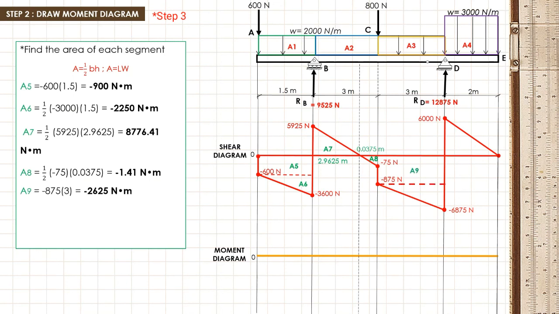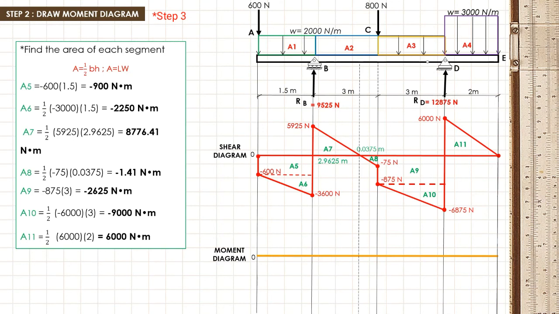For A9, negative 875 multiplied by 3, which is negative 2625 Newton meter. For A10, 1/2 multiplied by negative 6000 multiplied by 3 is equal to negative 9000 Newton meter. And for the last one, A11, 1/2 multiplied by 6000 multiplied by 2 is equal to 6000. Now we are done in calculating the area of each segment in the shear diagram.